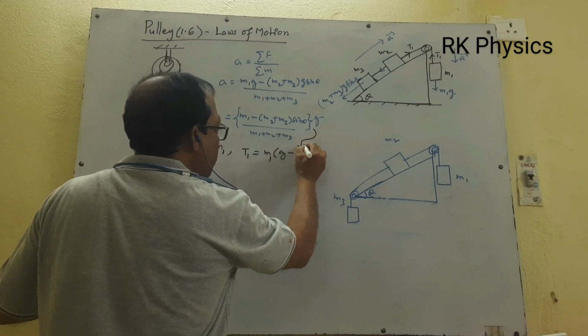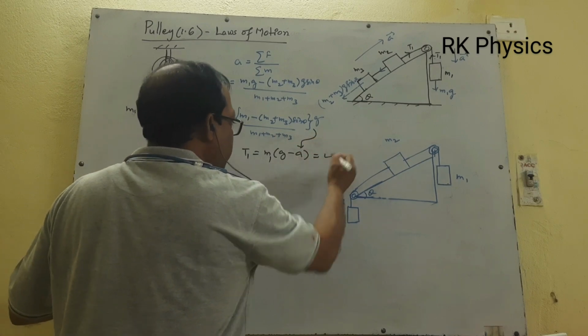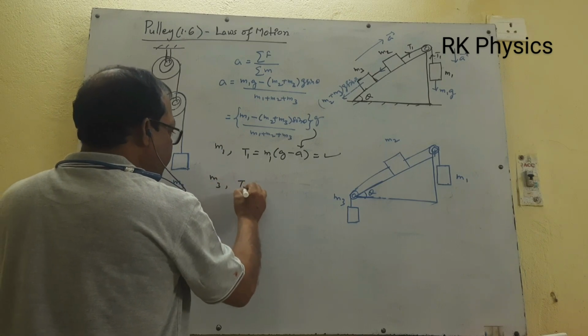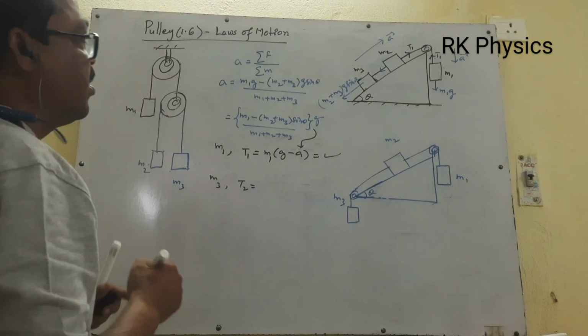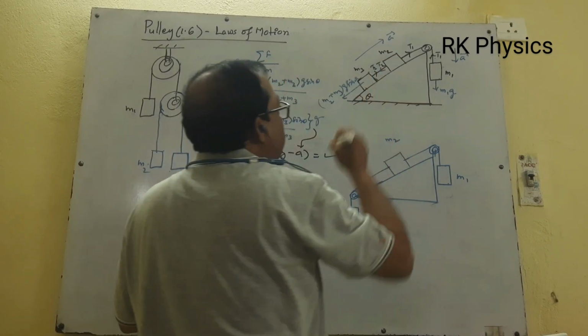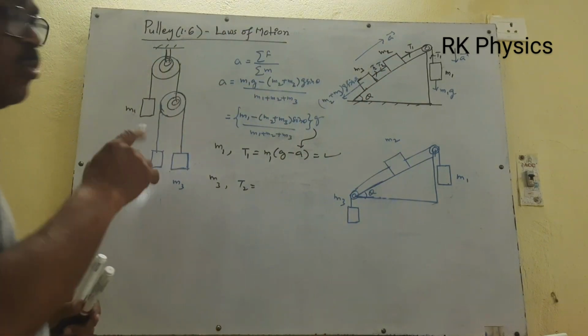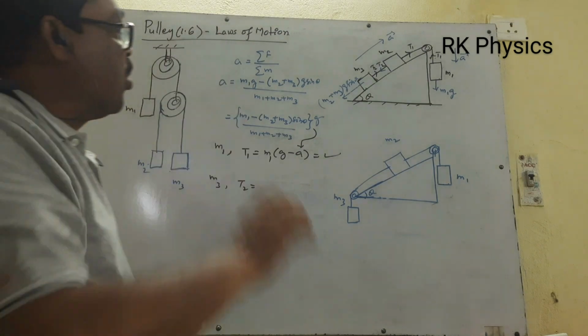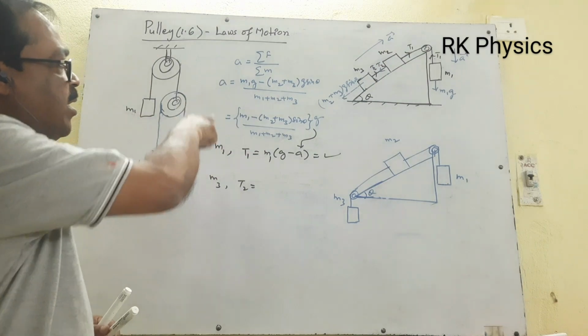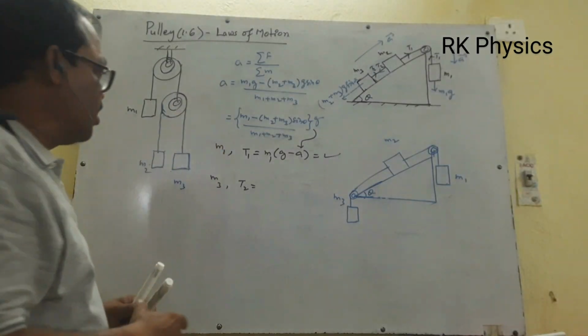Put the value of acceleration here, then you will get the answer. Similarly, T2 is acting on both M2 and M3, but if you take M2 you have to put the value of T1 again. So derive T2 independently without taking T1.